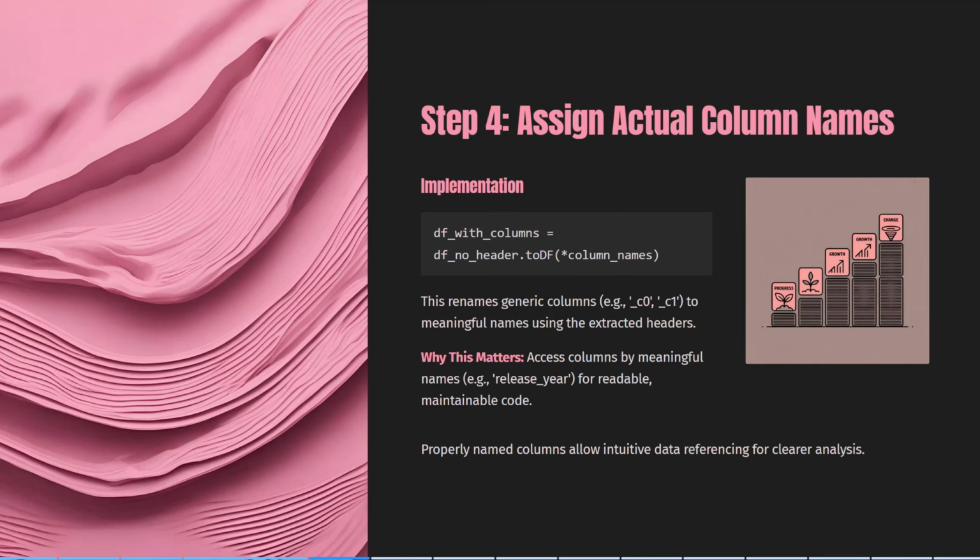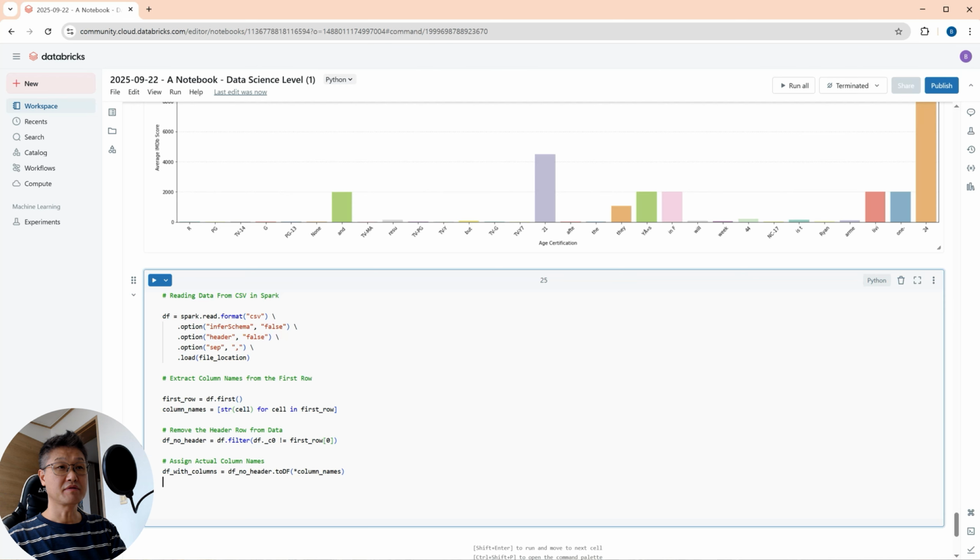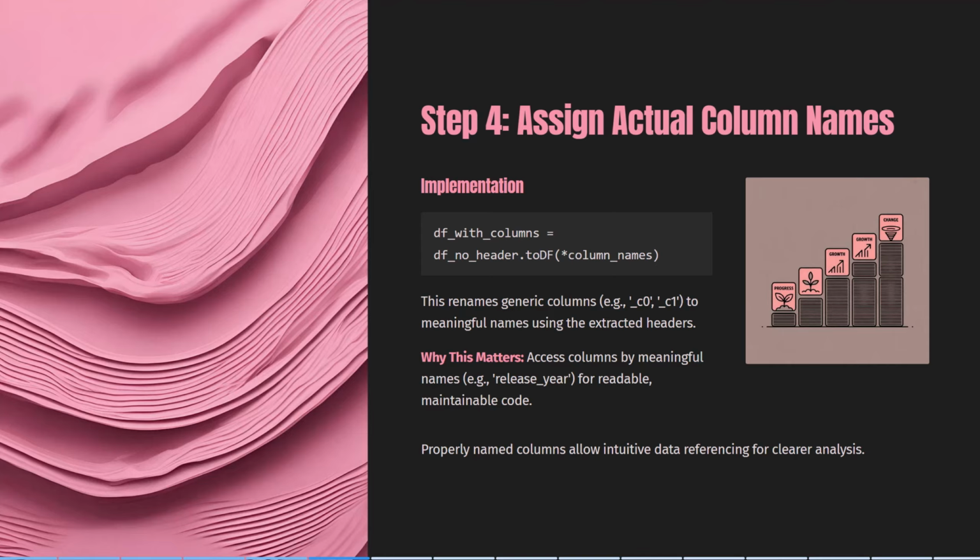Step 4: assign actual column names with this Python code, renaming the columns of the data frame with the header we extracted earlier. Why use that one? It is to access columns by meaningful names like release year and IMDb score.